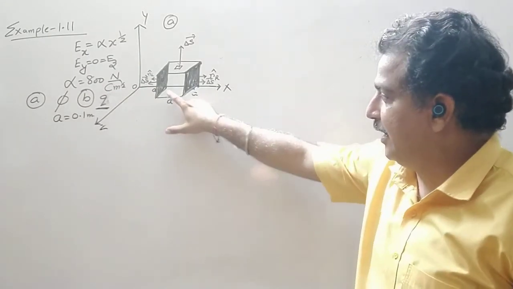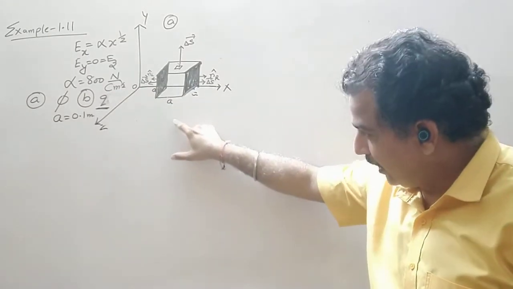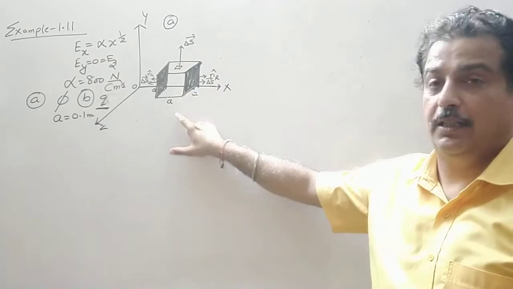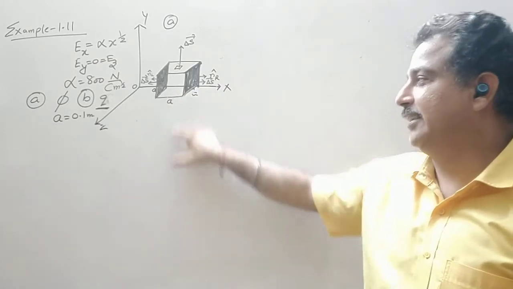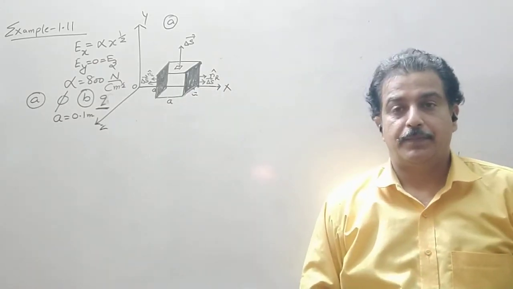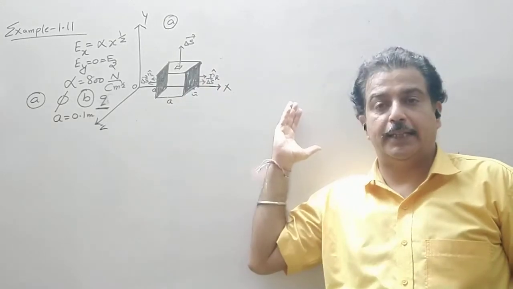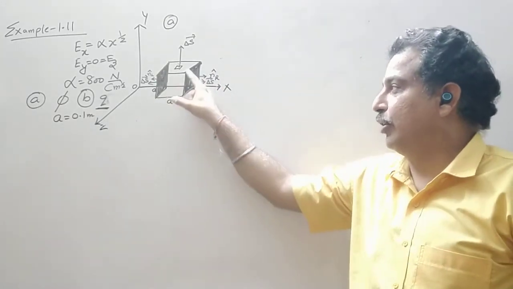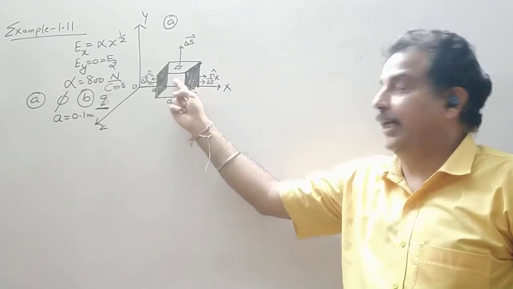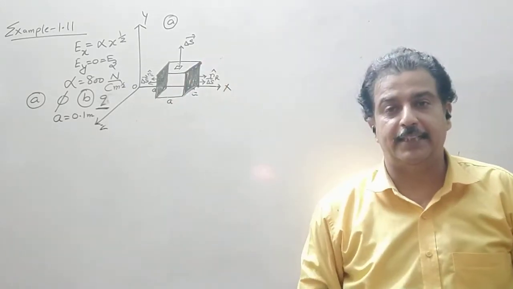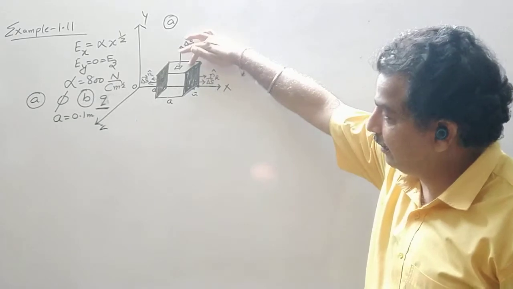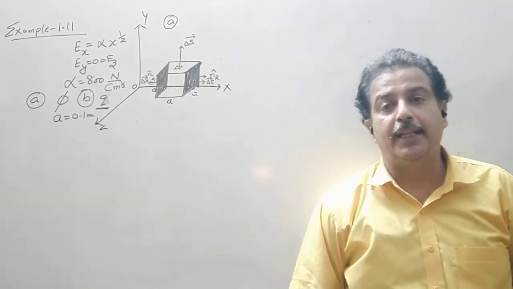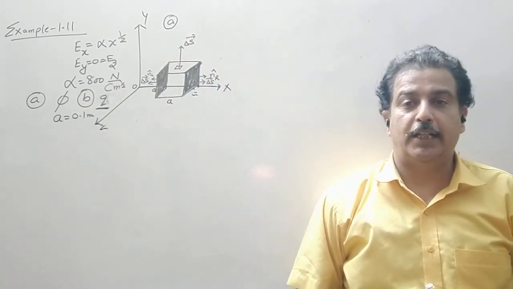Similarly for the face at the bottom, the area vector is in the negative y-axis, and the electric field is again along the x-axis, so the resultant flux will be 0. Similarly for the front face, the area vector will be outward, that is z-axis. For the face at the back, the area vector will be inward, that is negative z-axis.